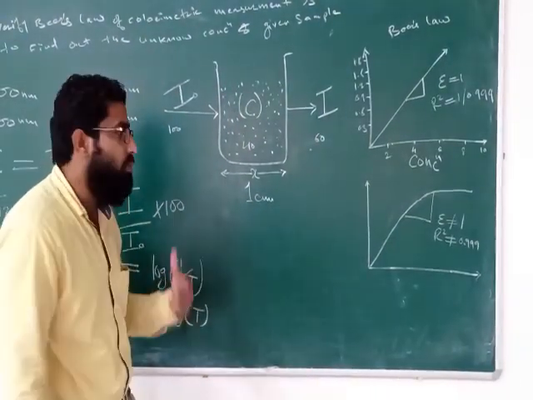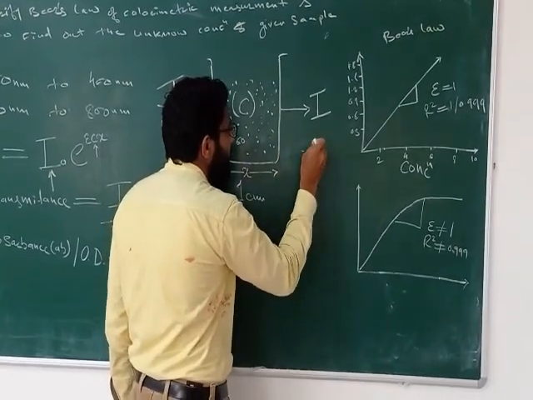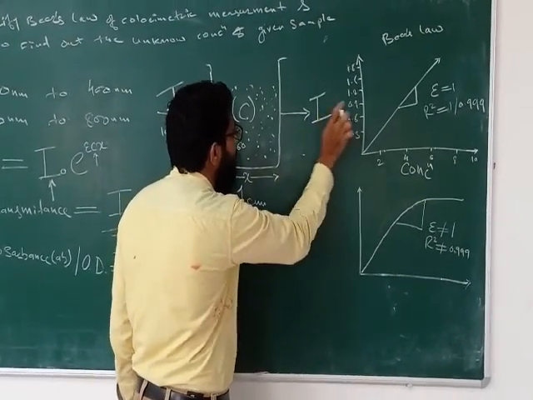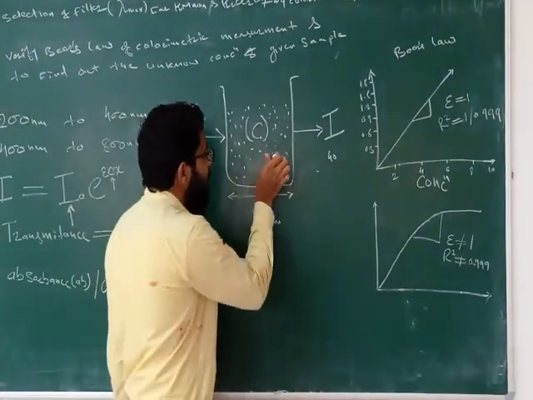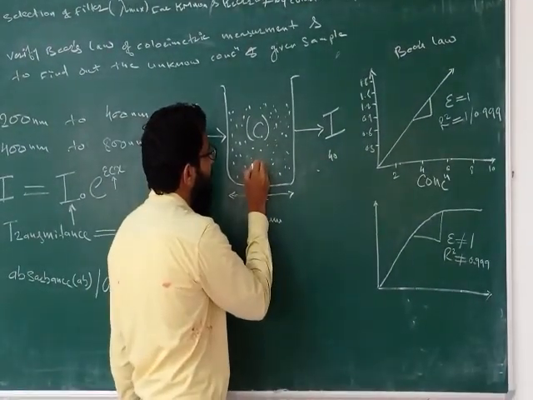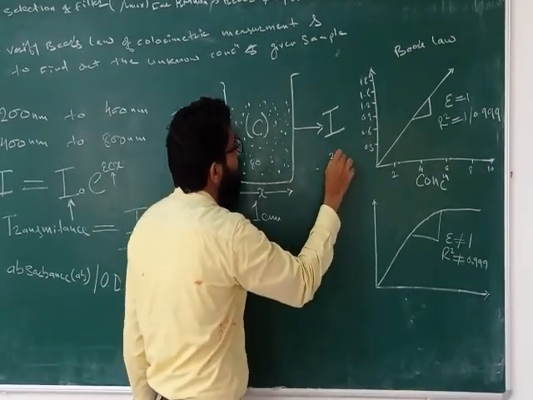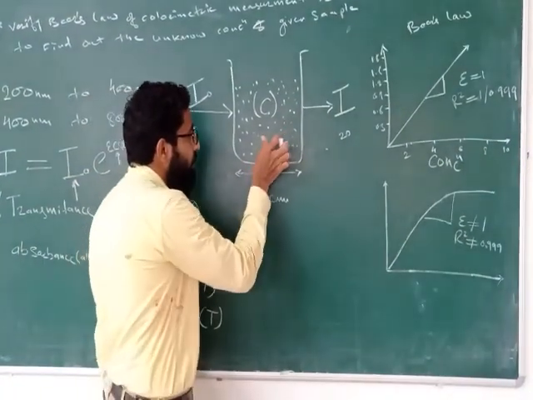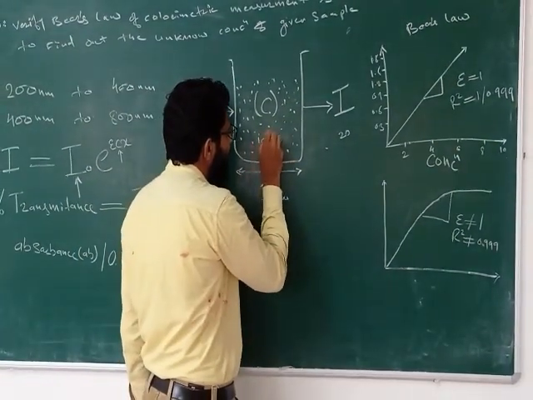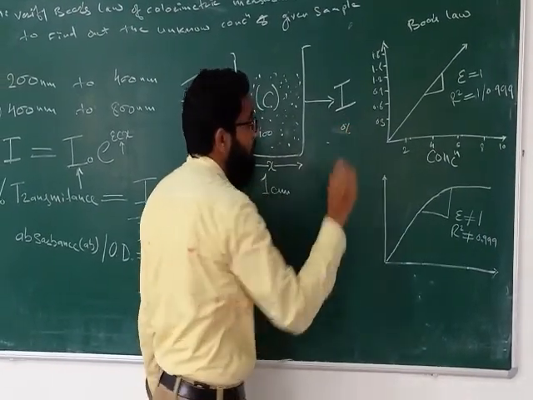If it is 6 microgram per ml, then 60 absorbed, 40 transmitted. If it is 8 microgram per ml, then 80 absorbed and 20 transmitted. And if it is 10 microgram per ml, 100% is absorbed and 0% is transmitted.